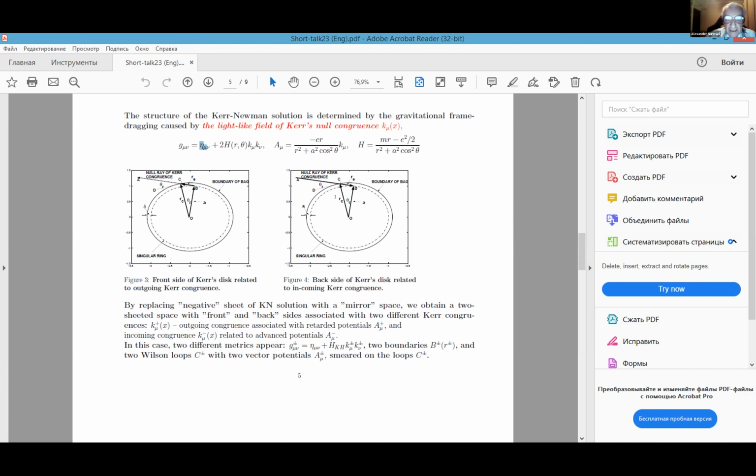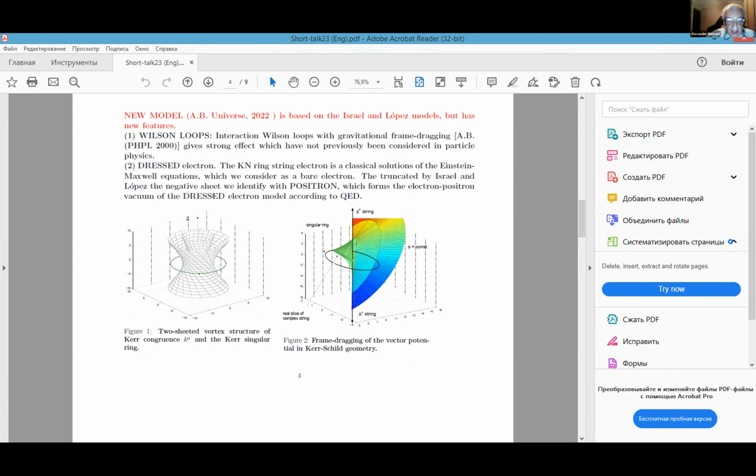The Kerr congruence is ingoing for the back part of the Kerr solution, going in on the Kerr ring, tangentially to the Kerr ring. The Kerr ring is rotating with the velocity of light. It is the central part of the Kerr solution.